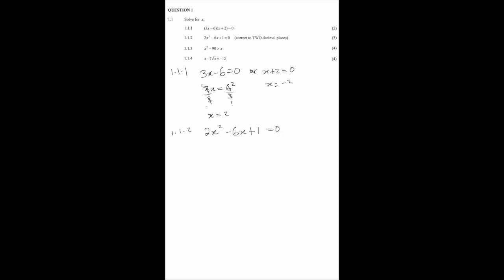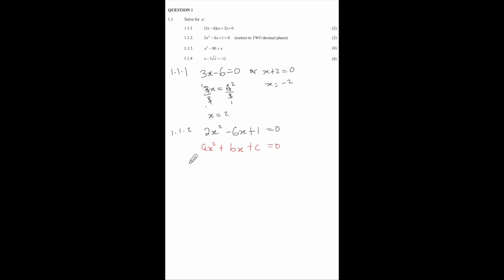And I know that the general form of a quadratic equation says ax squared plus bx plus c equal to 0.